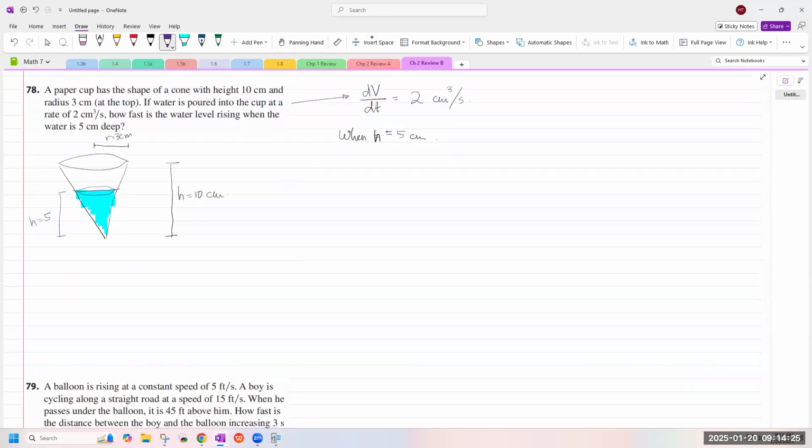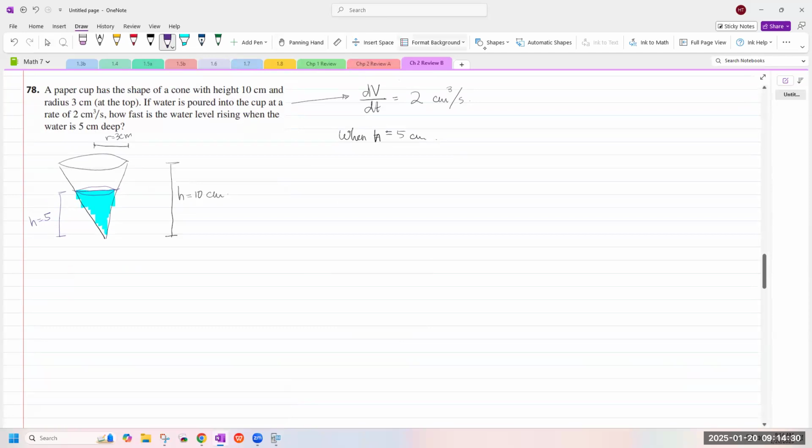Let's do some similar triangle approach. Okay, well, this is the water. If this height equals 5, what is the radius? Compared to the shape of the cone, if the height equals 10, the radius is 3.